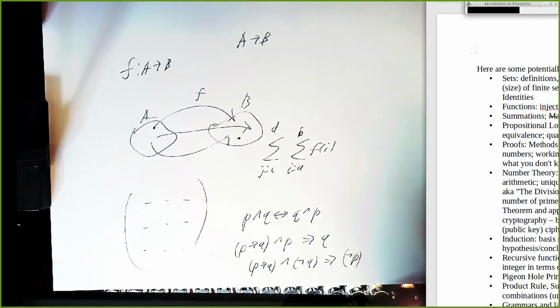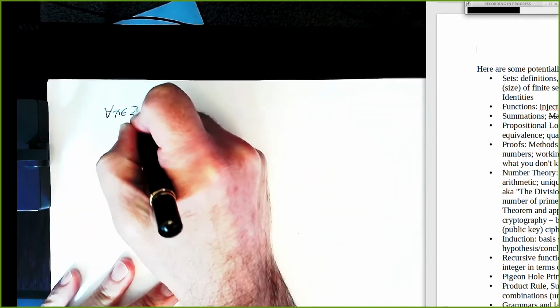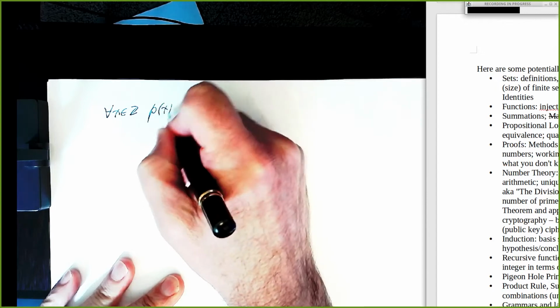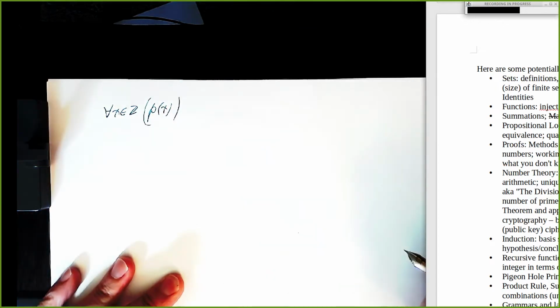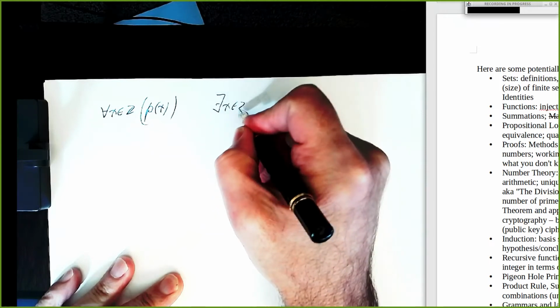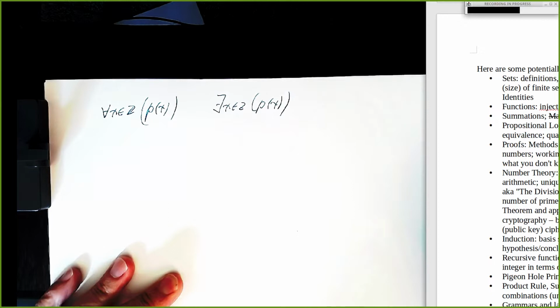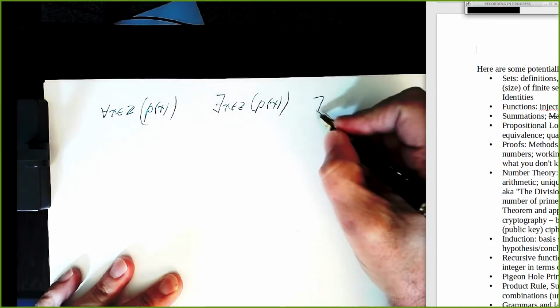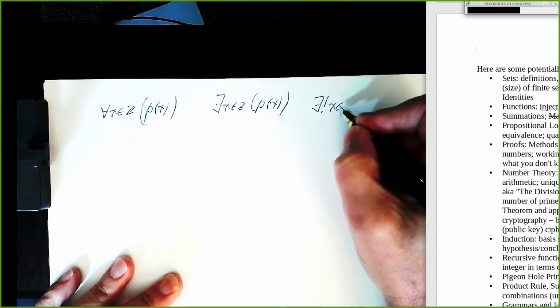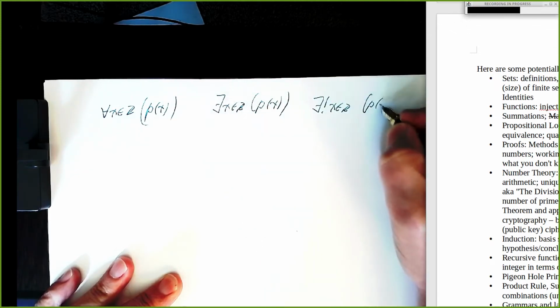Quantifiers are things like for all and there exists. And so typical forms would be, for all x contained in Z, some proposition of x is true. Or there exists an x contained in Z such that P of x is true. Or maybe there exists a unique x contained in Z such that P of x is true.